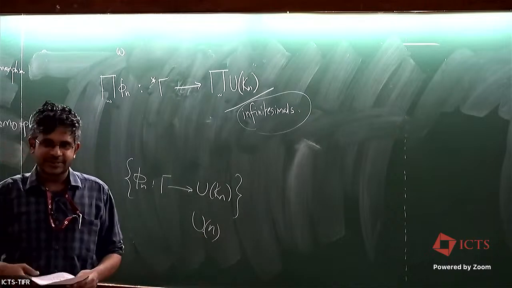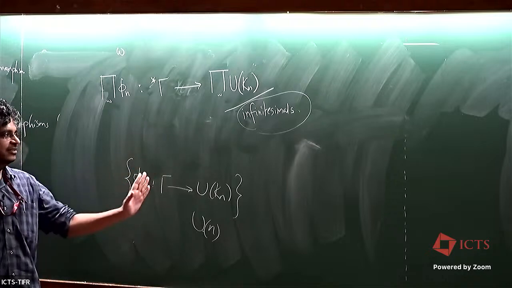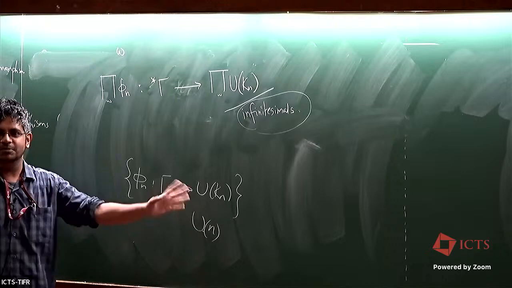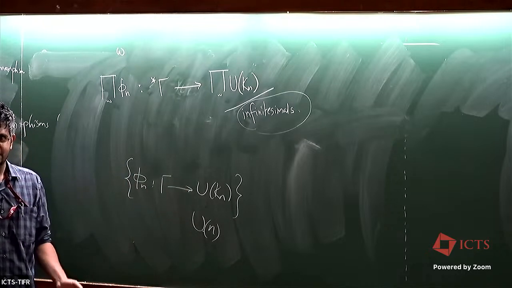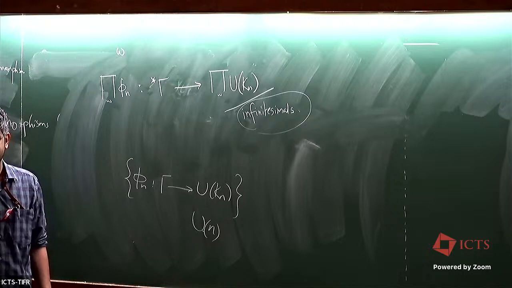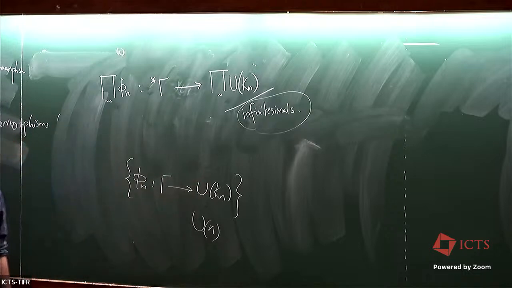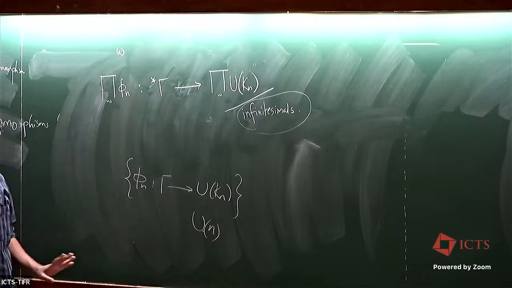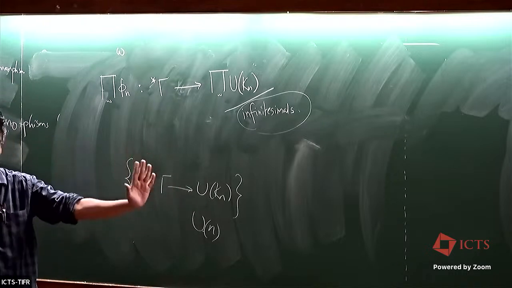But UN, you think of it as just 1, 2, 3, 4, 5, 6. Here it's just some sequence of maps to some finite dimensional unitary groups. It's just a set of some U of some numbers. You shouldn't think of this as n because you'll think it's U1, U2, U3. It's not necessarily that.